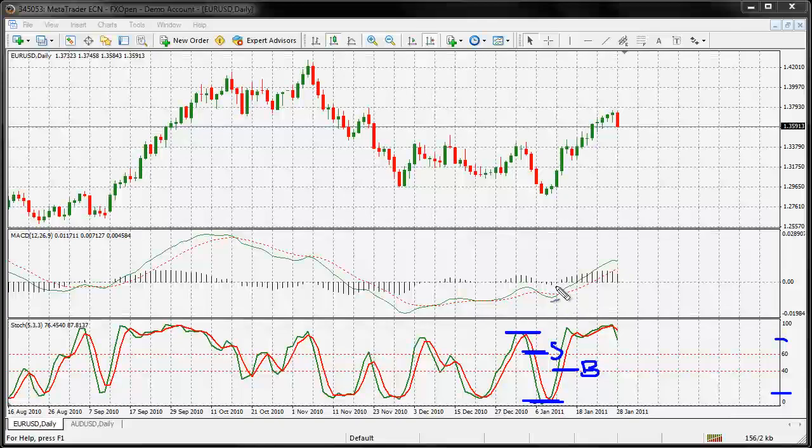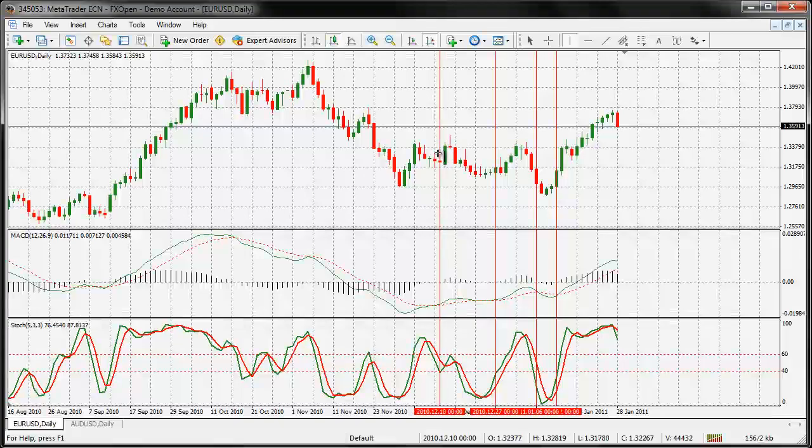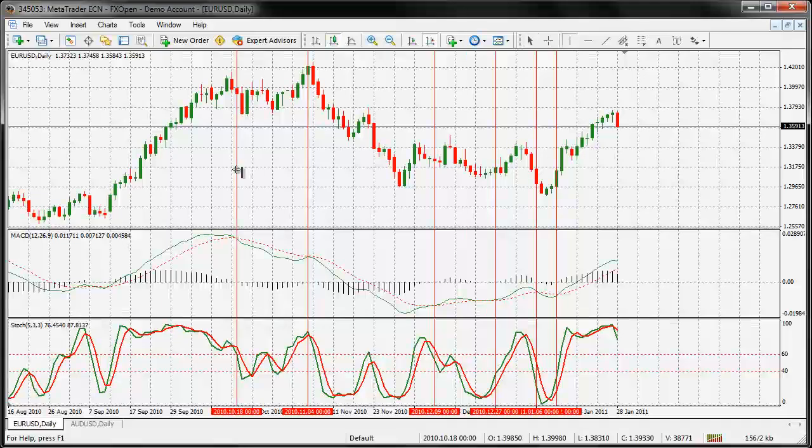Also, on the same token, I'm looking to see where these line up on the chart in conjunction with the positioning of the stochastic, to see where we go long or short. Alright, so where do we go long or short? Well, let's first of all mark out where these crossovers are on the iMACD, and then we can start analyzing how we can find these buys and sells, and find areas in the market that we don't really want to choose because our little rules do not line up.